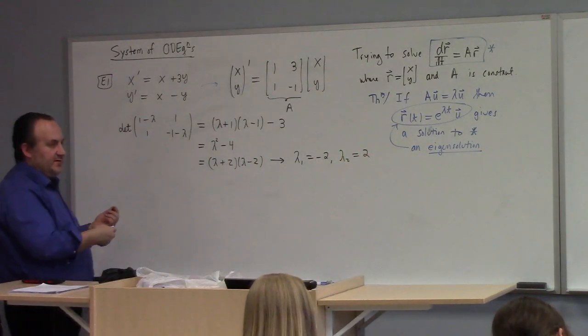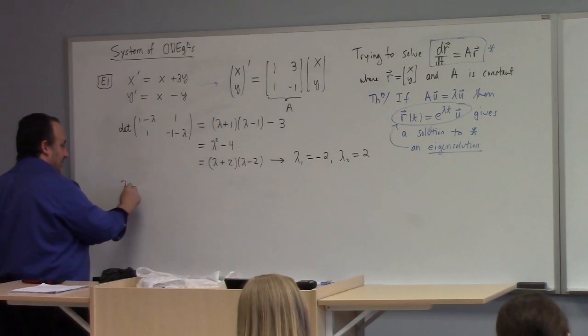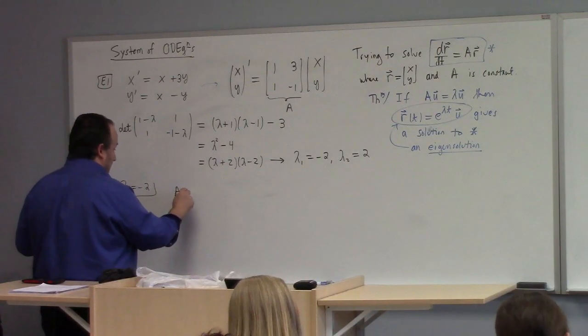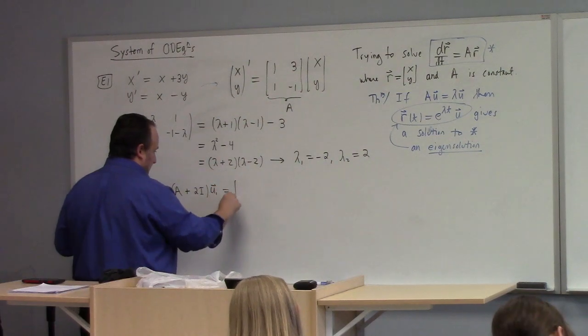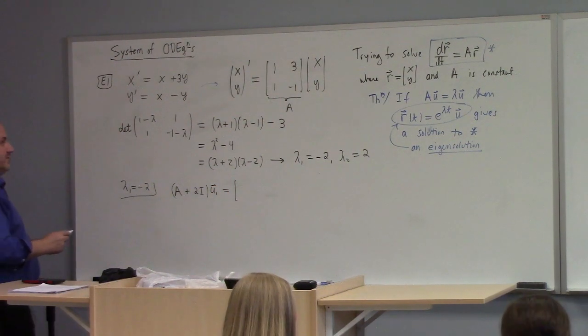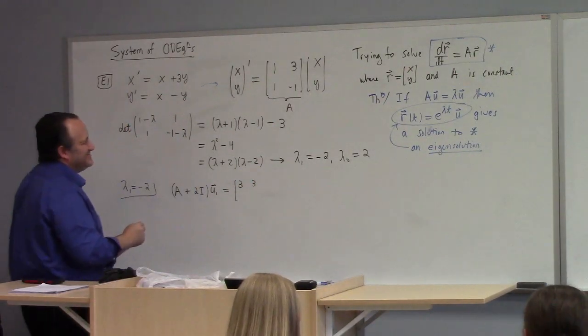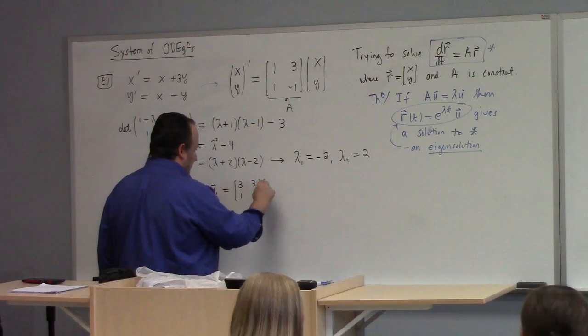We need to find the eigenvectors, all right? So let's do that. Lambda 1 equals minus 2. So I'm looking at A plus 2I times u1, which in this case would be 3, 3, 1, 1 times u, v, right?